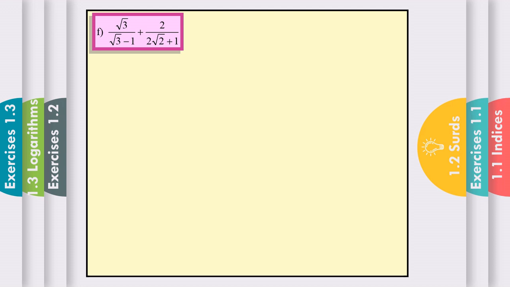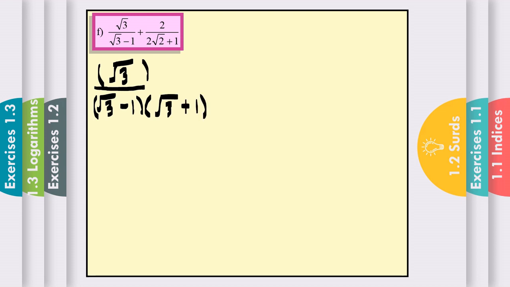So we can write down square root 3 over square root 3 minus 1, and the conjugate is square root 3 plus 1, continue by square root 3 plus 1.